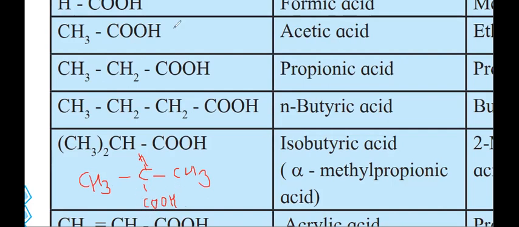Okay, change color. And this carbon is the alpha carbon, and these two carbons are beta carbons. But to this alpha carbon there are two methyl groups, therefore it is called alpha methyl propionic acid. Very simple. Okay, trivial naming system.